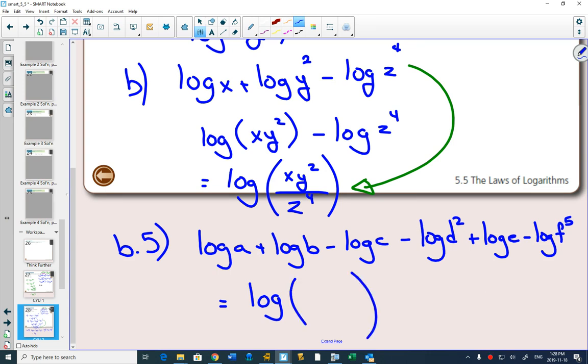So how can we use those log laws, and what's the shortcut that I just did to do that all at once? How did I figure out where the A, B, C, D, E, F went?